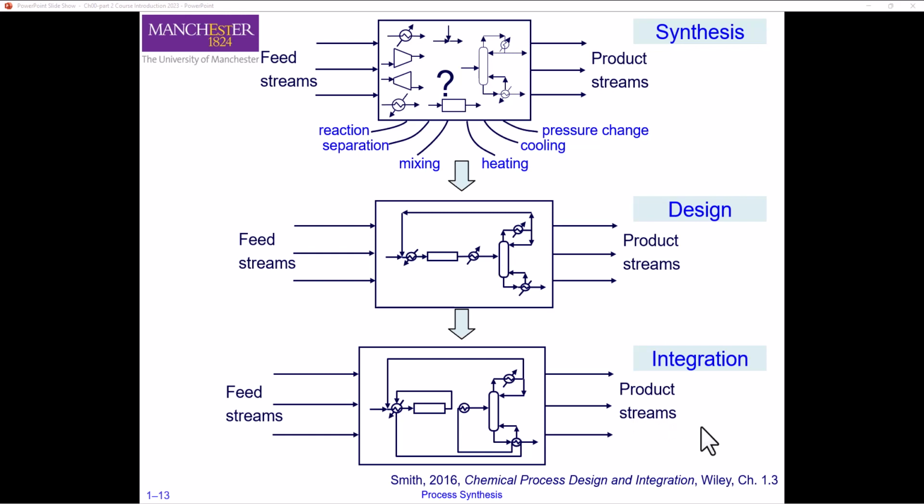And finally, we have process integration that considers the whole flow sheet and the interaction between different units, especially but not exclusively the energy related interactions. But we can also look at other interactions, like how the recycle ratio and the reactor conversion can affect, for example, the distillation column operation, and also if we have more than 2 or 3 distillation columns, how we can sequence them to recover the energy from them.